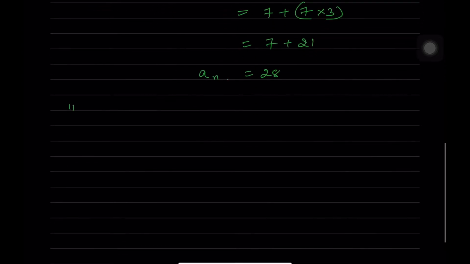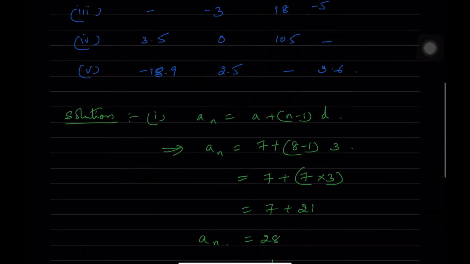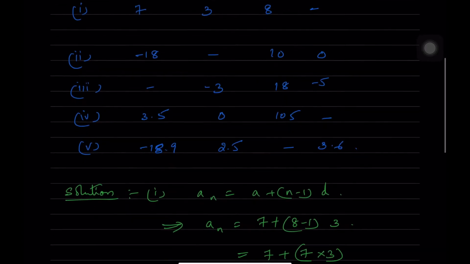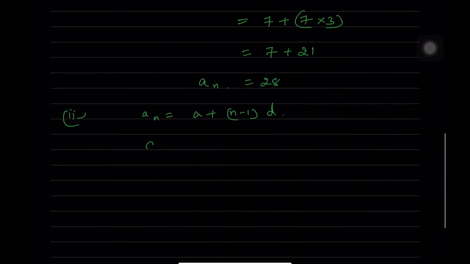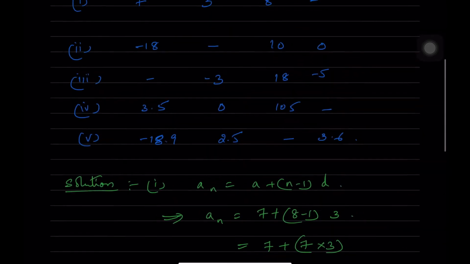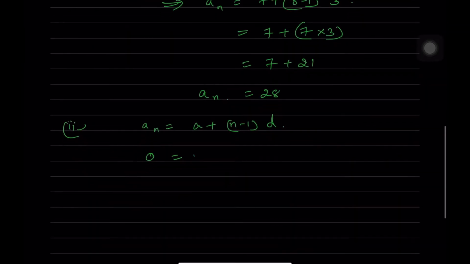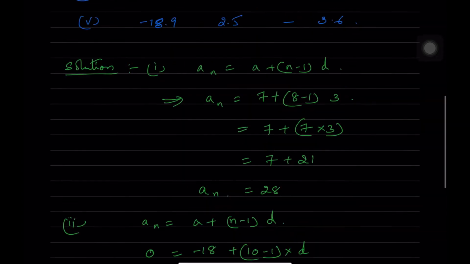The second one, what we are finding out, we have to find out what is the common difference. So A is given, you're having AN is equal to A plus N minus 1 into D. What all are given, we'll just substitute. AN is 0 is equal to, the first term is minus 18 plus 10 minus 1 into D we have to find out over here.